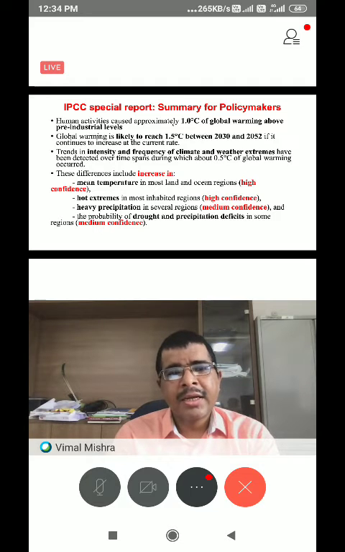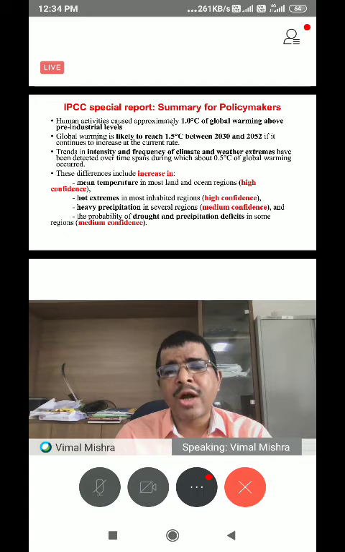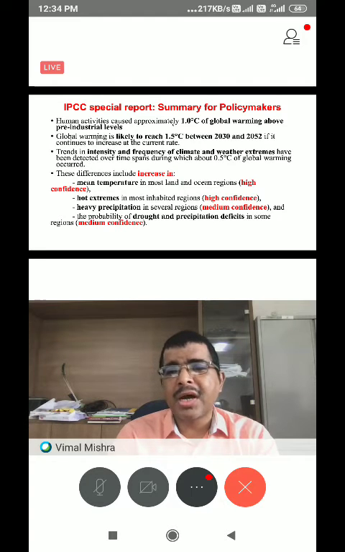Not only that, global warming is likely to reach 1.5 degrees between 2030 and 2050 if we continue the greenhouse gas emissions at the current rate. So the temperature will become 1.5 degrees warmer than the pre-industrial level by 2030, and 2030 is not far away. It's just 10 years from now, right?